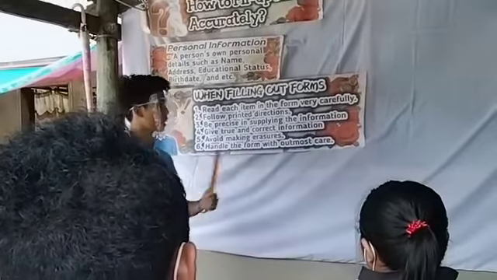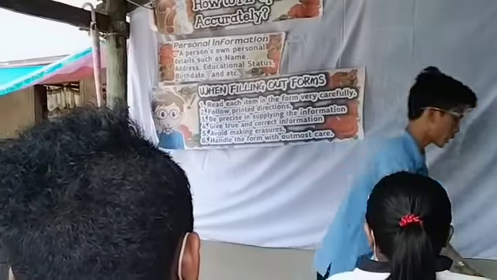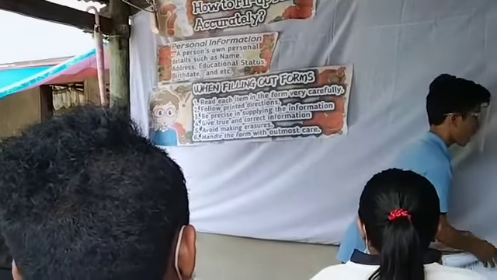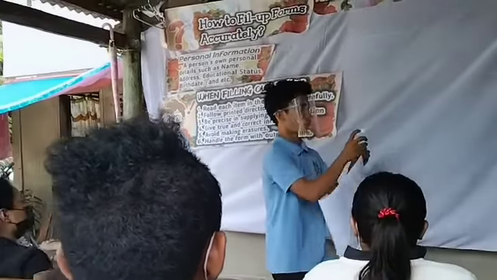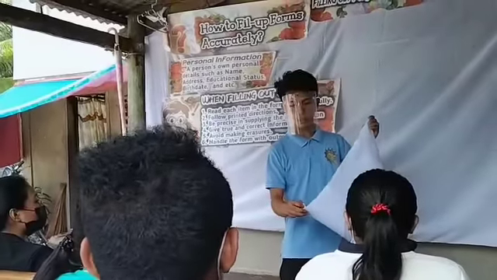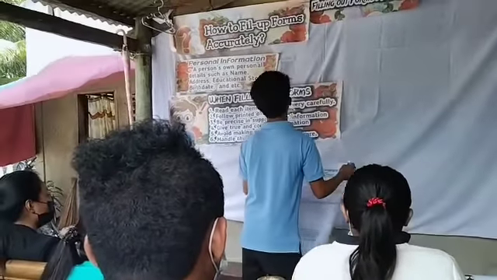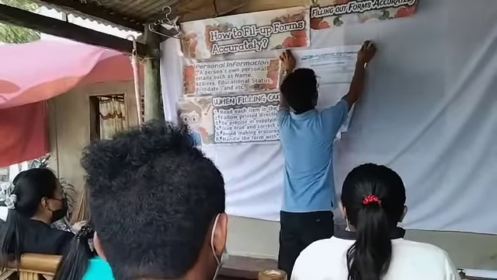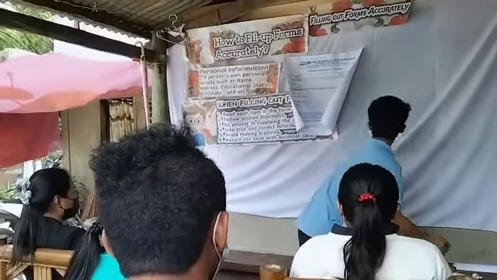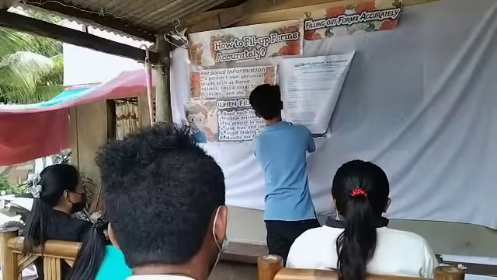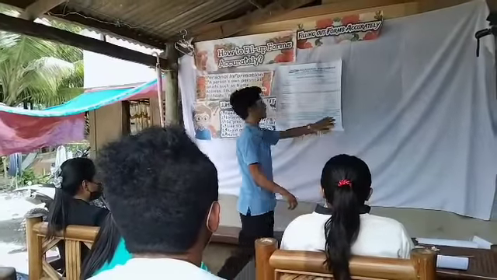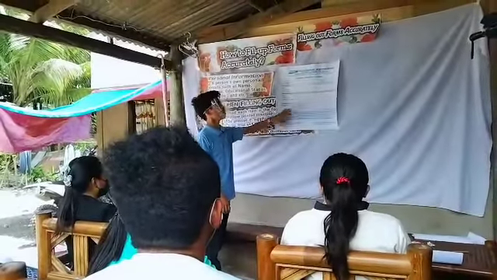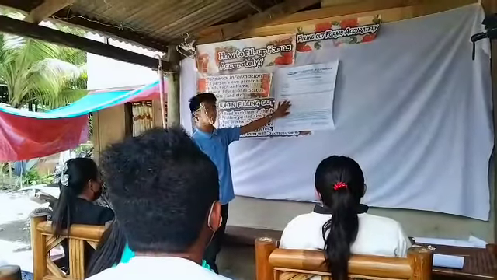Now, since we already know the things that we must consider, I have here a sample form, and I know that most of you are familiar with this form. What is this form? Palawan Express.